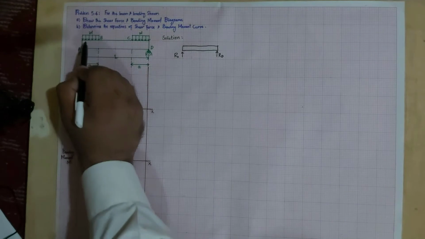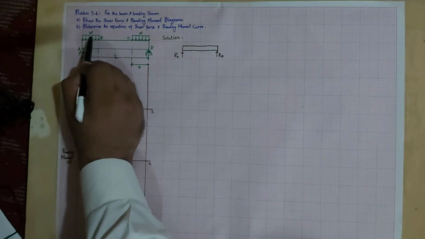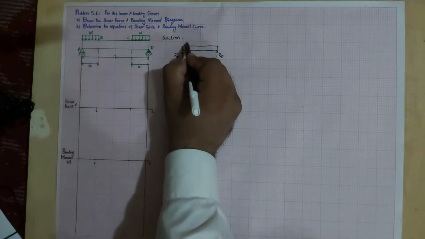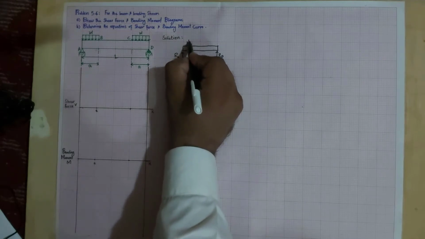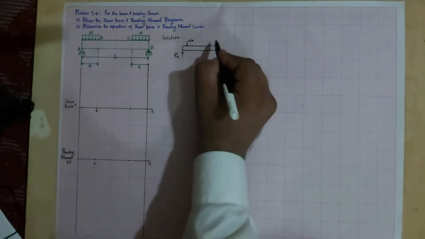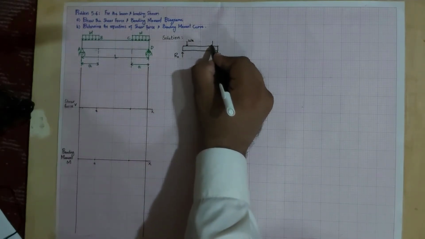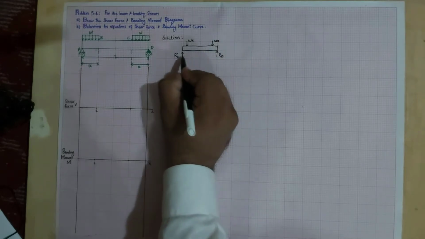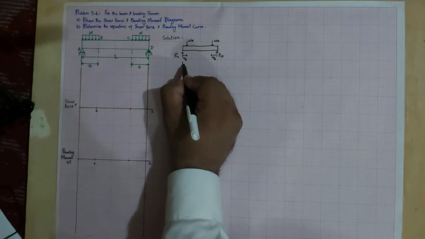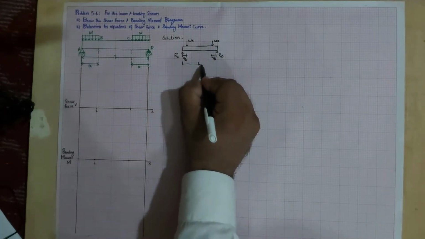Now, to convert a uniformly distributed load into a concentrated load, we multiply W with A, so that will be W into A. Similarly, here again W into A. This WA will act at a distance of A by 2, and similarly this one will also act at a distance of A by 2. The total length of the beam is L.